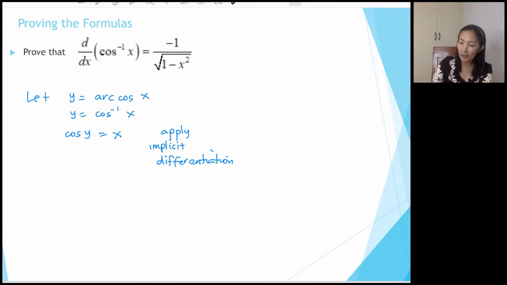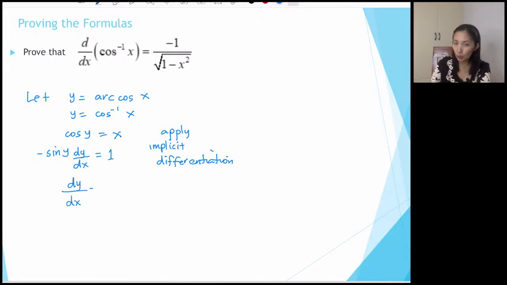The derivative of cosine from our previous lecture is negative sine. So negative sine y dy over dx equals the derivative of x, which is 1. So dy over dx is equal to negative 1 over sine y. Just the same, we are looking for sine y.